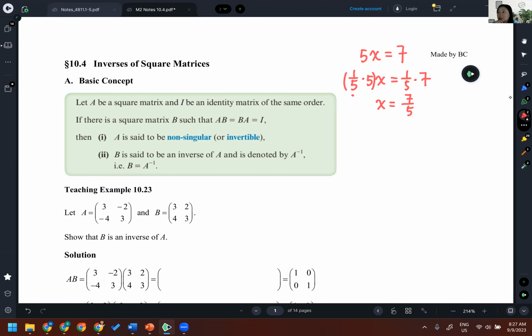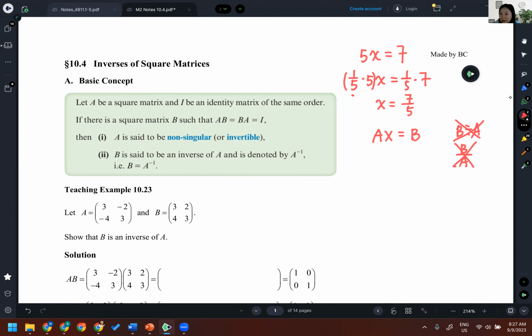Okay. So similar thing with the matrices is that if I have A times X equal B, what I'm interested in is not how to define the division. I do not define what is B divided by A. There's no such thing. Or B over A. I'm not interested in defining a new operation.